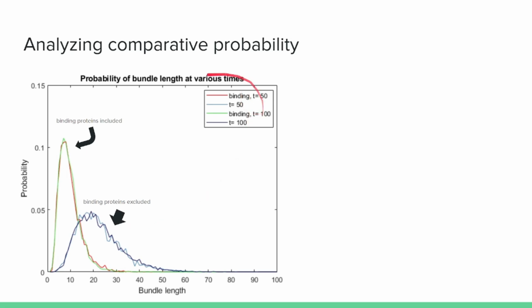And these are both definitive steady states for each. So you can see that the binding proteins, again, reach a smaller steady state bundle length than the bundles without binding proteins do. However, there's a smaller range of values that the bundle length can be when the binding protein bundles reach a steady state.